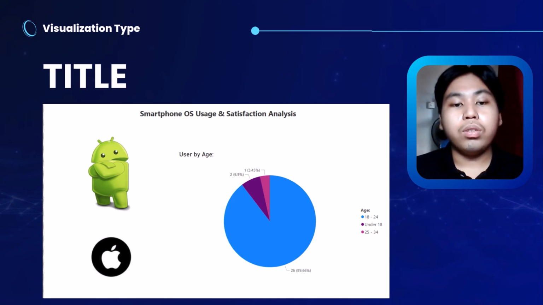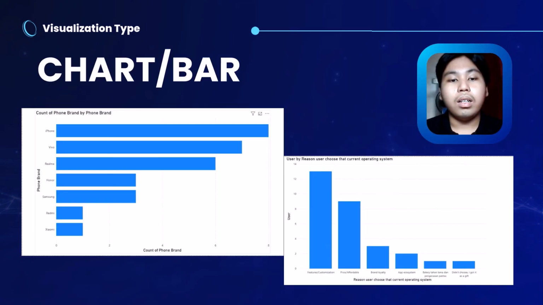Today I'm going to present the visualization types. Firstly, we start with the title. For our project, our title is Smartphone OS Usage and Certification Analysis. Second, I will explain about the chart and bar.